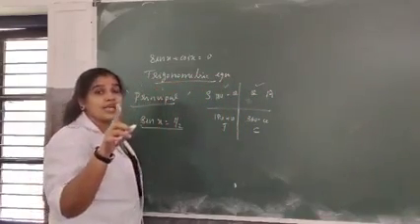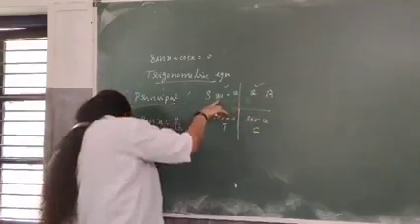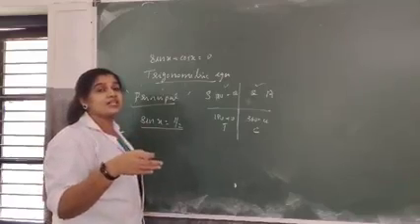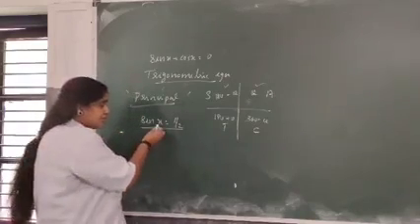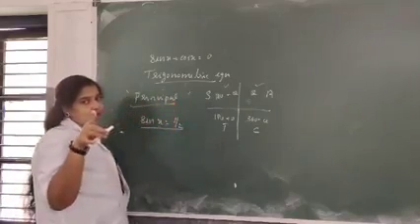In the first quadrant all are positive, in the second quadrant only sine is positive. That means the principal solution lies in first or second quadrant.